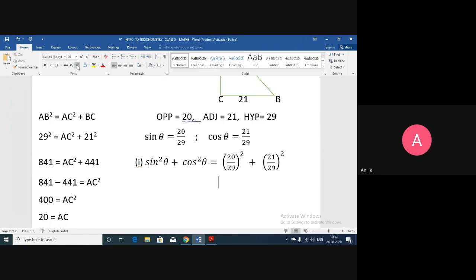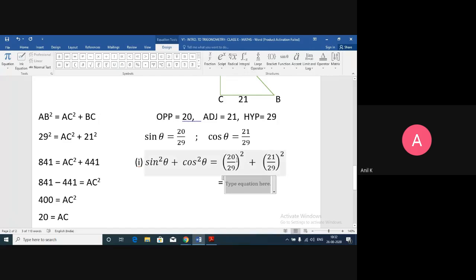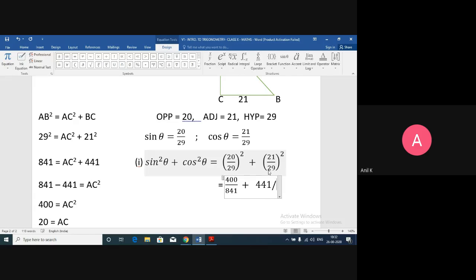How do I simplify? Now 20 square is 400, 29 square is 841. This is the first fraction. For the second fraction, 21 square is 441 upon 29 square, 841.